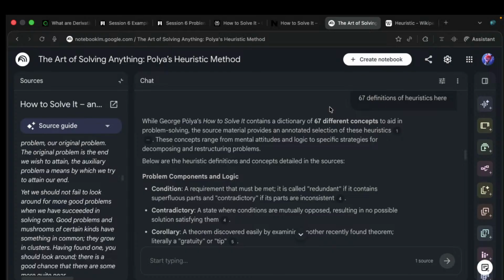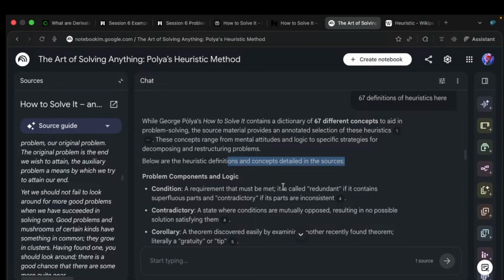Okay, so I'm back again. I'll be consistent now. So below are the heuristic definitions and concepts detailed in the sources. So what are the problem components here?